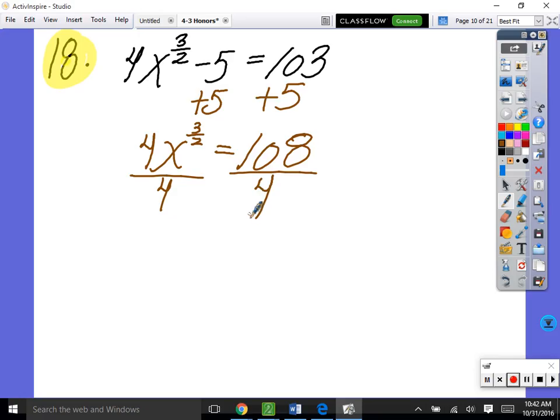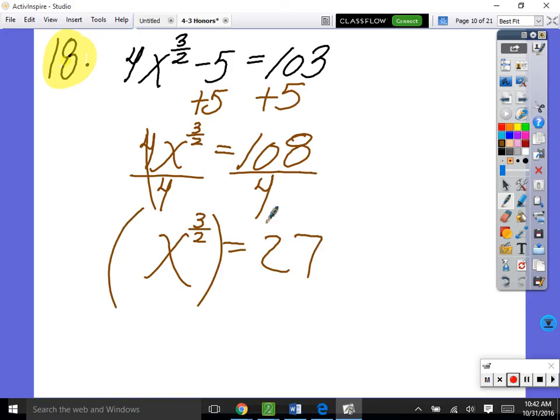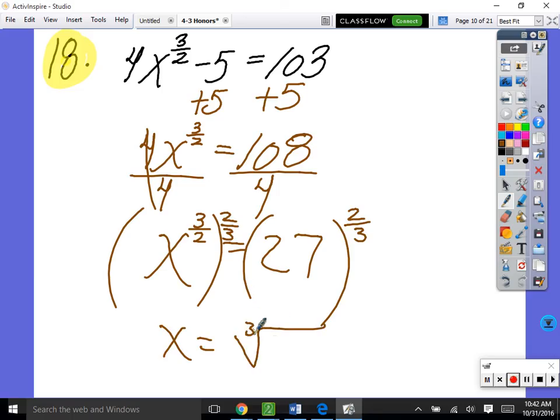Divide by 4. So x to the 3/2 equals 27. Then what did you do? Raise both sides to the 2/3, which helps us because then it's a 1. So then you have x is equal to, technically, the cube root of 27 to the 2nd power. You could simplify it that way, or you could type it in.